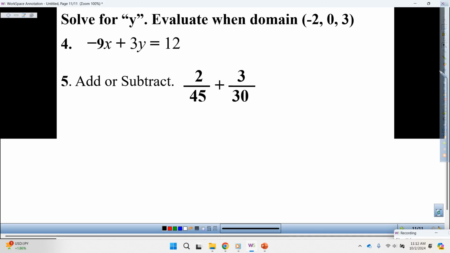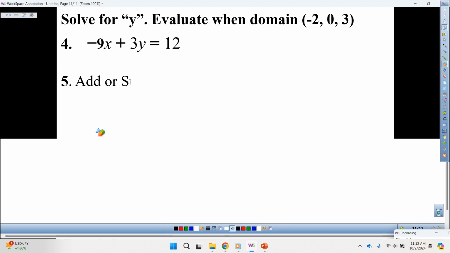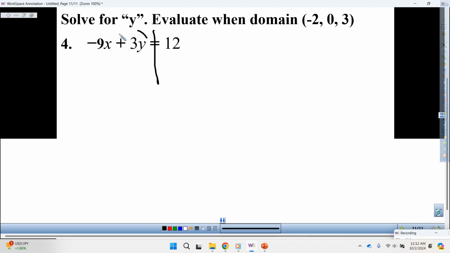all right, let's go to number 4. All right, we need to solve for y. Help me with this one, Gabriel. Go. We need to leave y by itself, so I do plus 9x, plus 9x. 3y equals 9x plus 12.